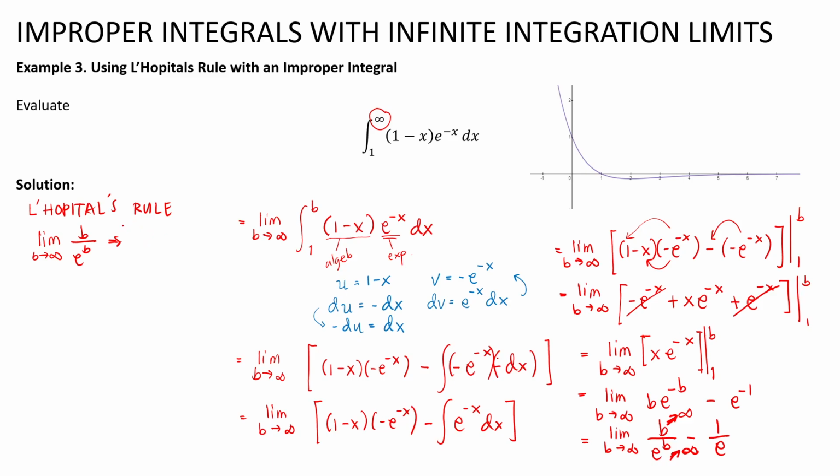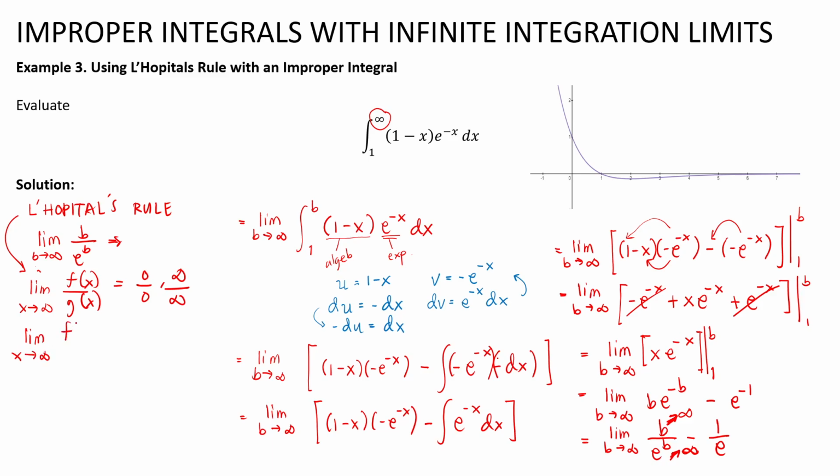In L'Hopital's rule, if I can remember correctly, if x approaches infinity and f of x over g of x will give you 0 over 0 or infinity over infinity, you're going to use L'Hopital's rule and this formula.